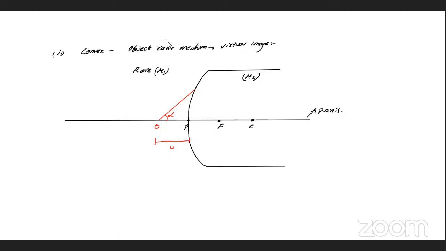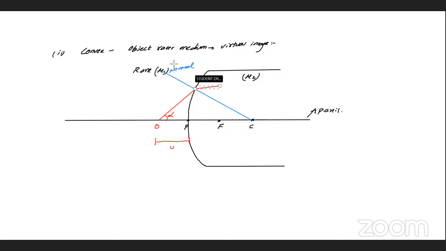Now let's see. There is a normal line, on the center of curvature. This is your normal line. Now the light ray will be bending, and when it bends, it will be towards the normal line. Here, when the light ray bends, it is not convergence; this is divergence.